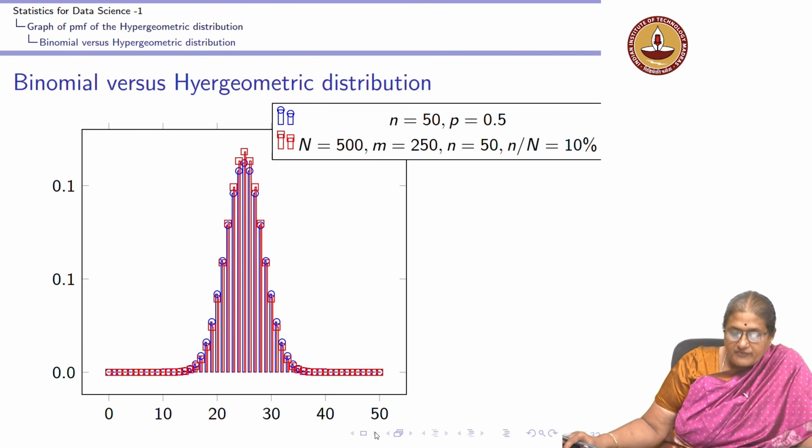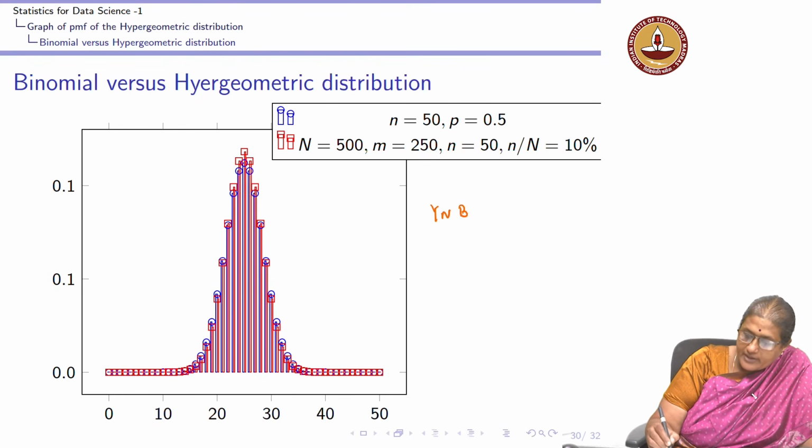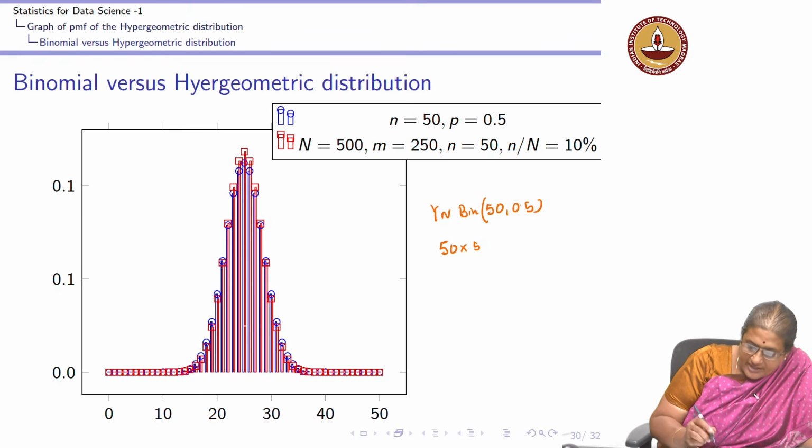Moving forward, when I am looking at n equal to 50, again Y is a binomial with parameters 50 and 0.5. My mean is at n into p, which is about 25.